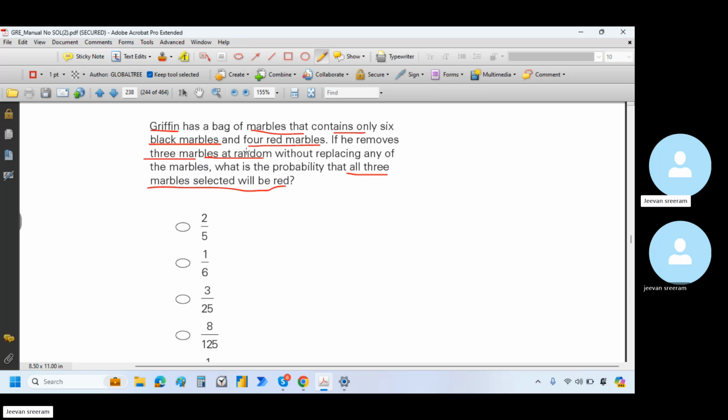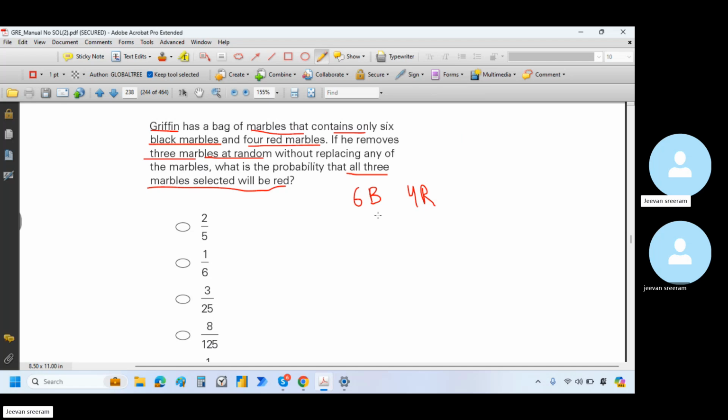So Griffin has a bag with 6 black and 4 red. If he removes 3 marbles at random, 3 marbles must be taken off without replacing any of the marbles.